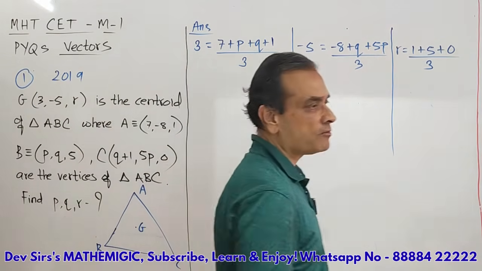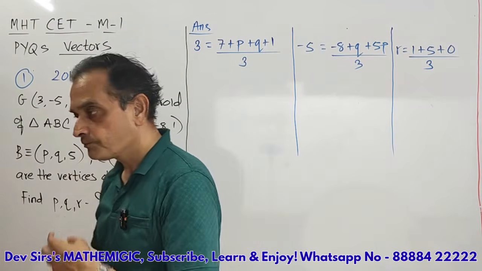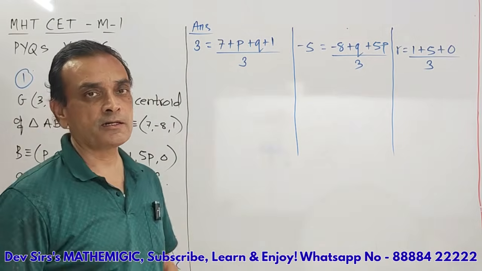The centroid is present somewhere over there. It is the point of intersection of the three medians.